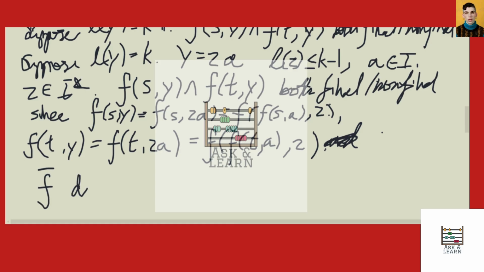So it follows that s is k related to t if and only if s is k minus 1 related to t, and f of sa is k minus 1 related to f of ta for all inputs a.